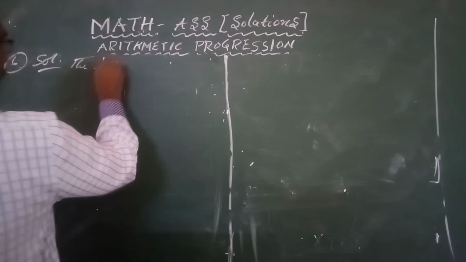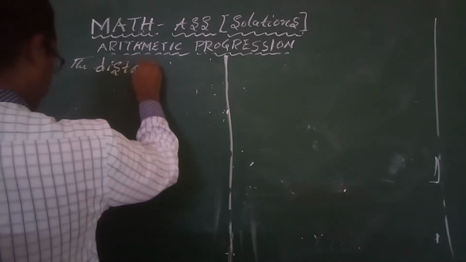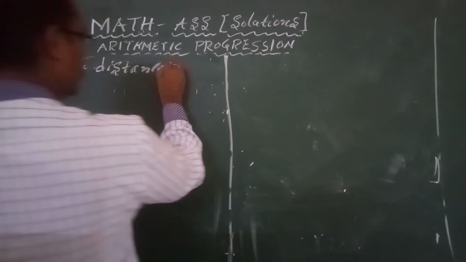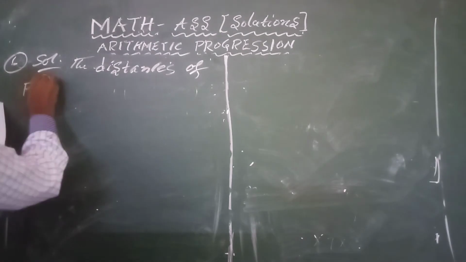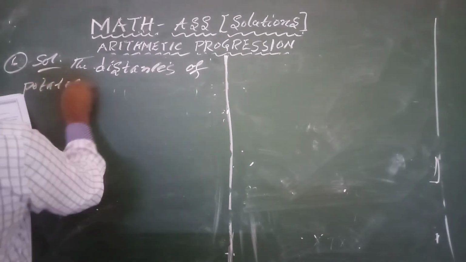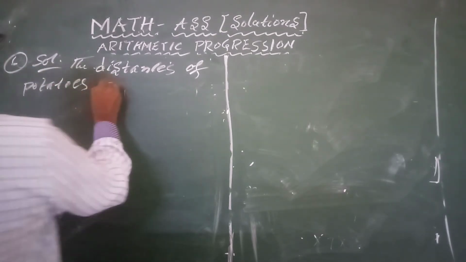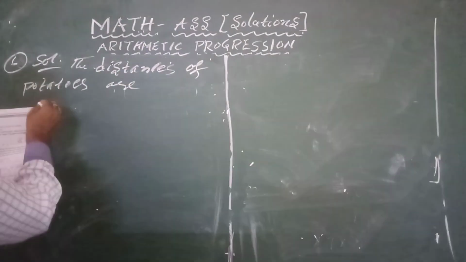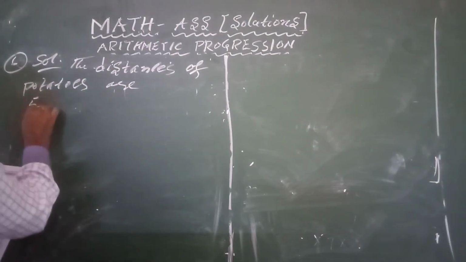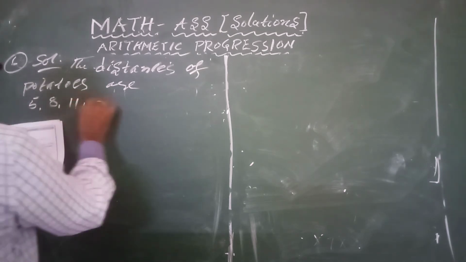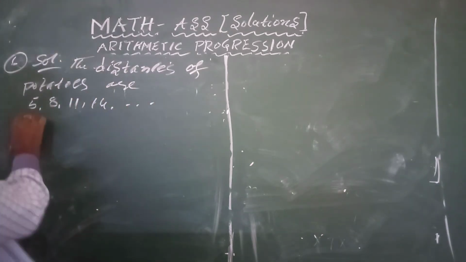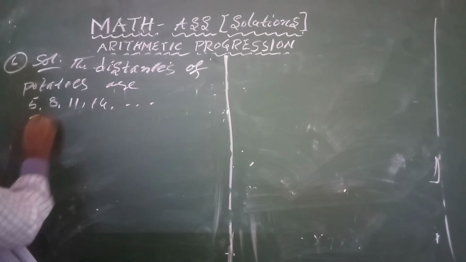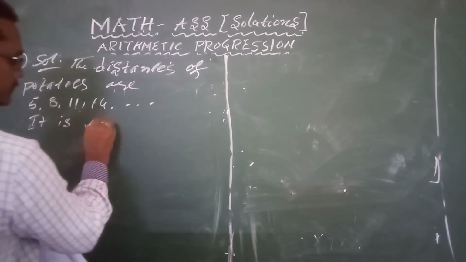The distances of potatoes are, what we will get, 5, 8, 11 and 14, and so on we will get. Here this is in AP series.